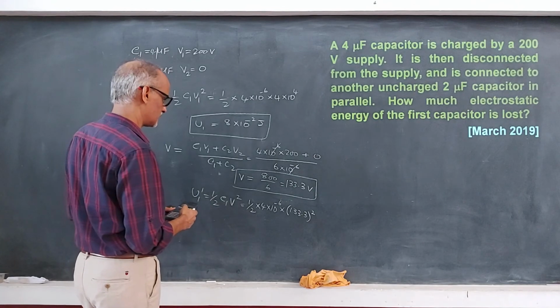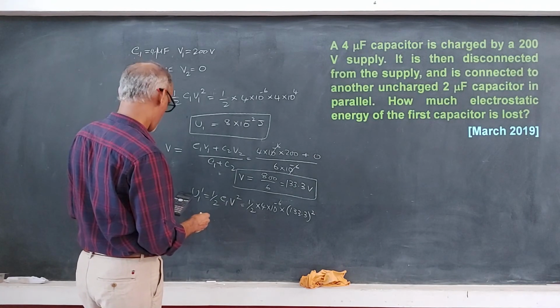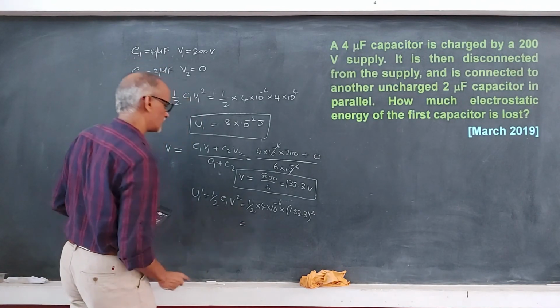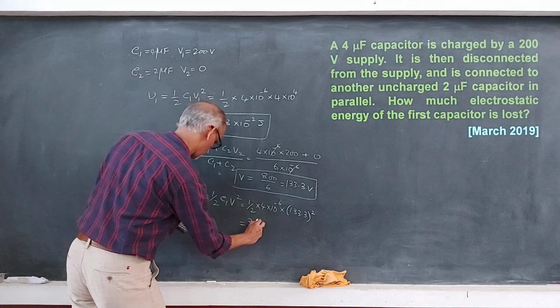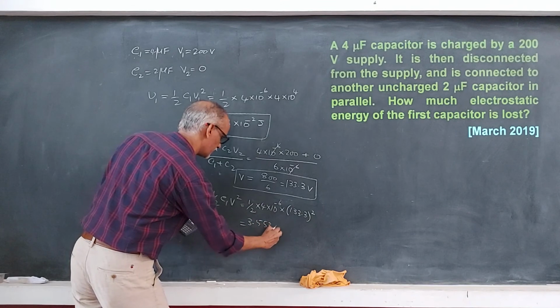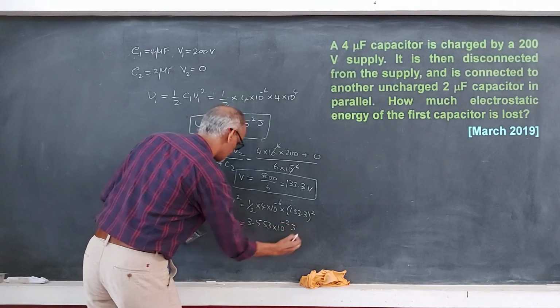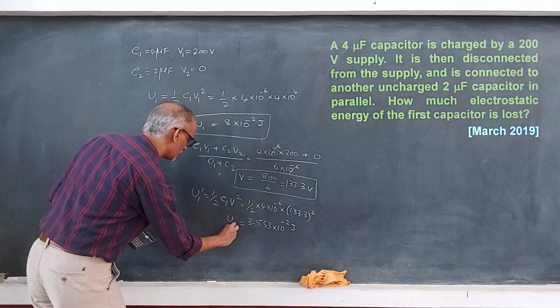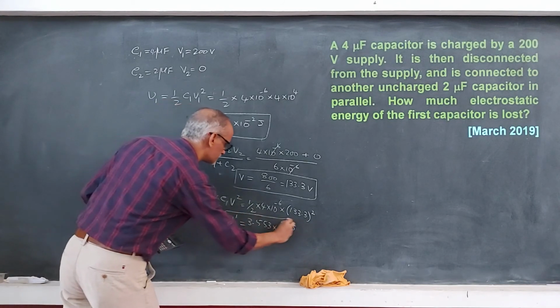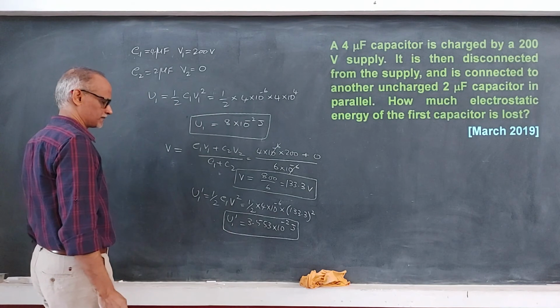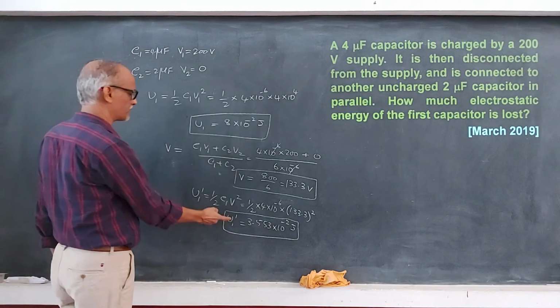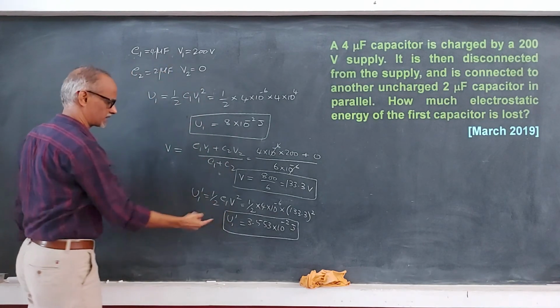So that comes equal to 3.553 into 10 to the power minus 2 joule, that is U1 dash. So this is the energy stored in the first capacitor after they are connected in parallel.